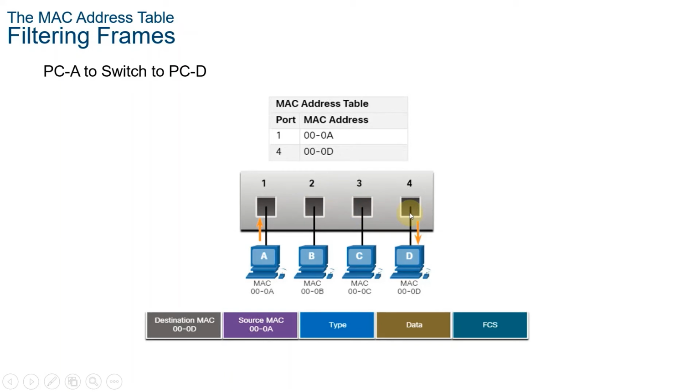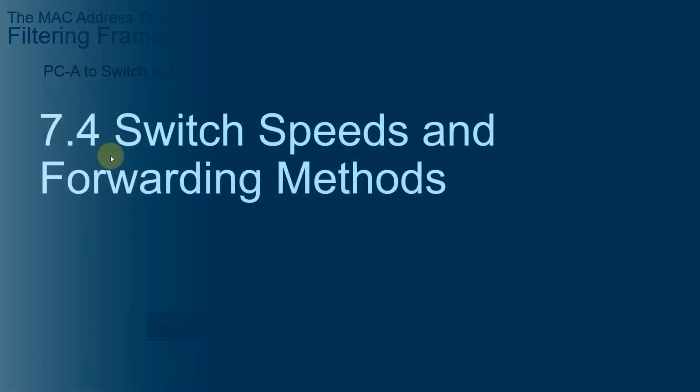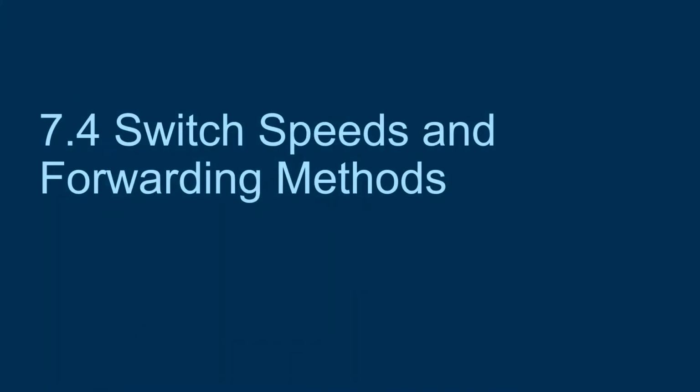So the switch receives another frame from PCA and refreshes the timer for the MAC address, which is the entry for port 1. The switch has a recent entry for the destination MAC address and filters the frame, forwarding it only on port 4. So that's how Ethernet operates using a switch, moving the data from the source to destination and the reply from the destination going back to the source.